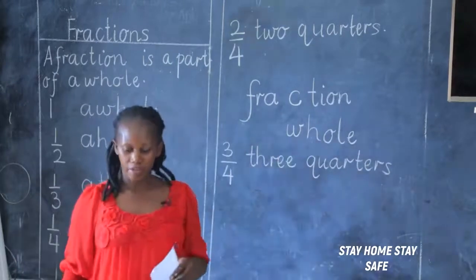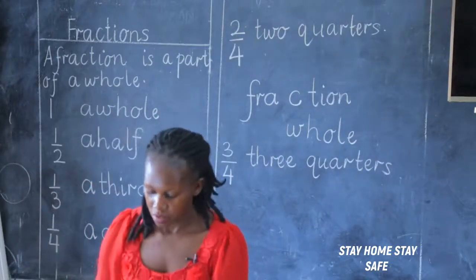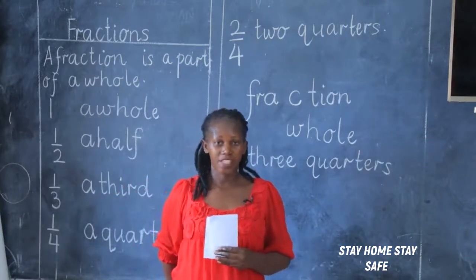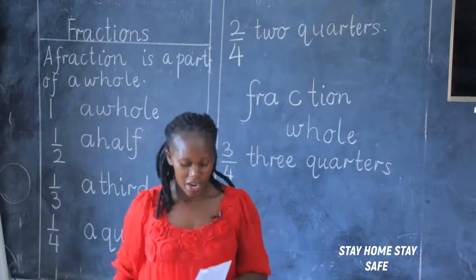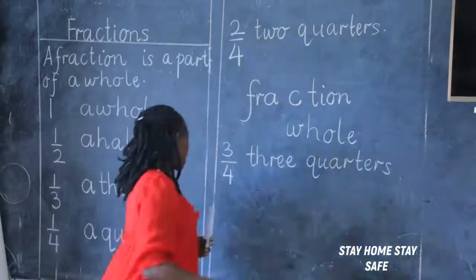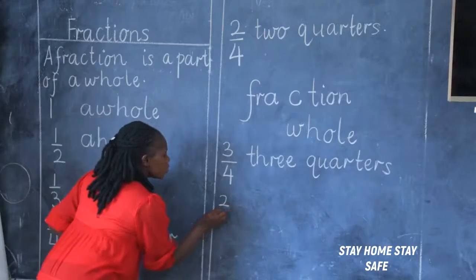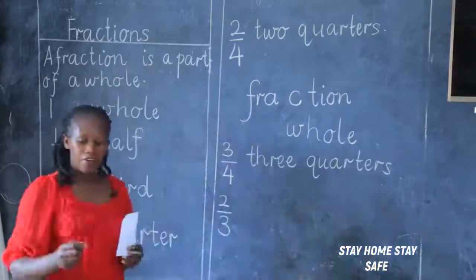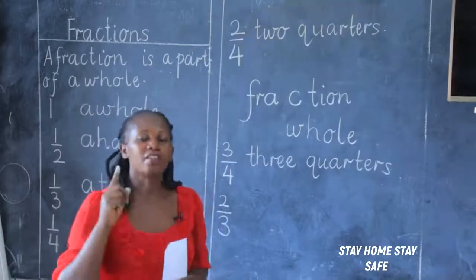If I have 3 parts and I give out 1, I have given out a third. Now, if I give out 2, which fraction have I given out? I have given out 2 out of the 3 parts. So, if I give out 1, it's a third.